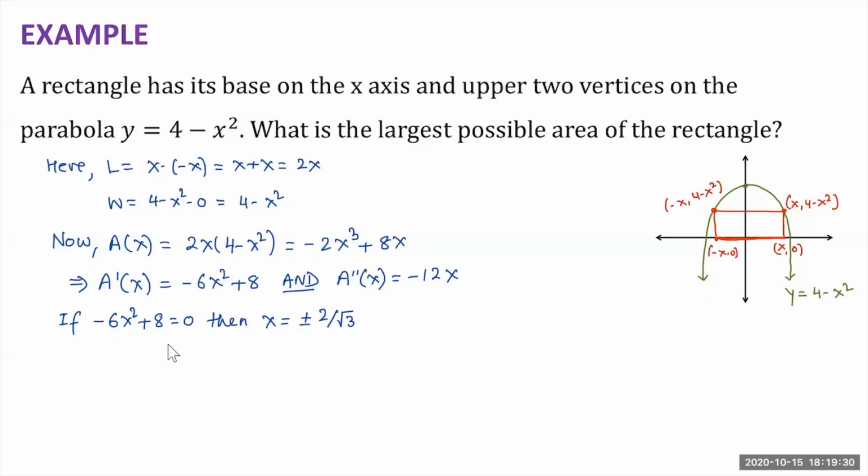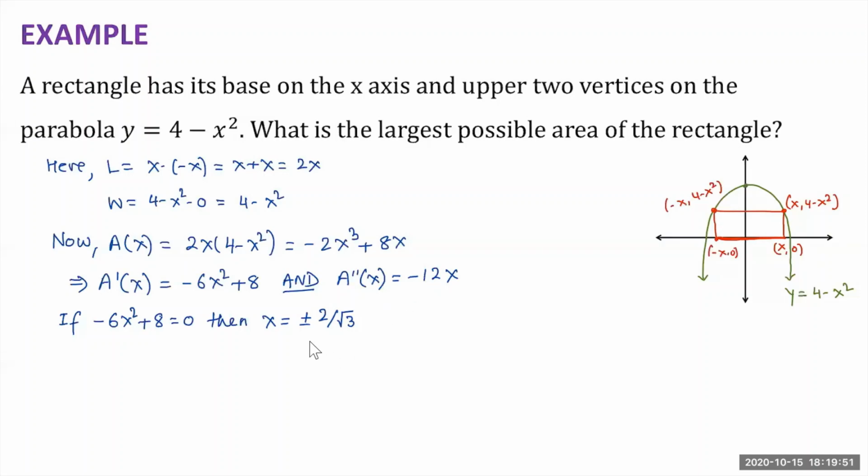So these two values are the candidates for the maximum or minimum value. That means the maximum or minimum value may occur at these two critical values. Now, in order to check whether we have a maximum or minimum value at this point, we need to plug into the second derivative.